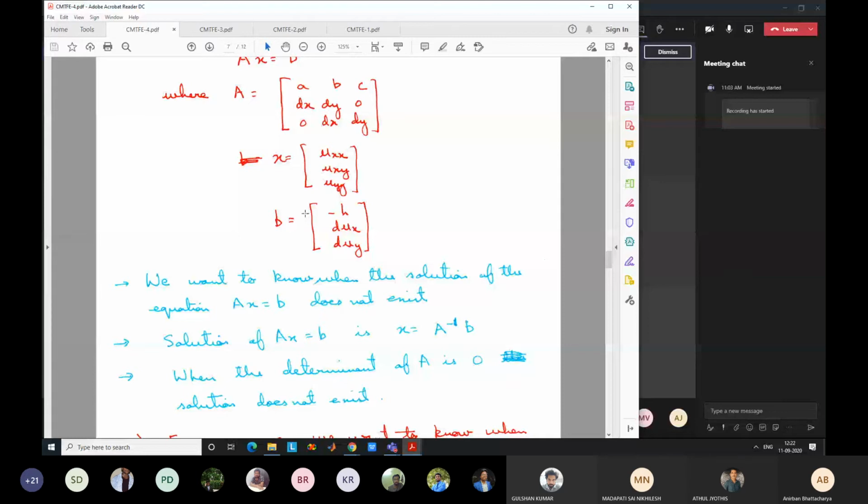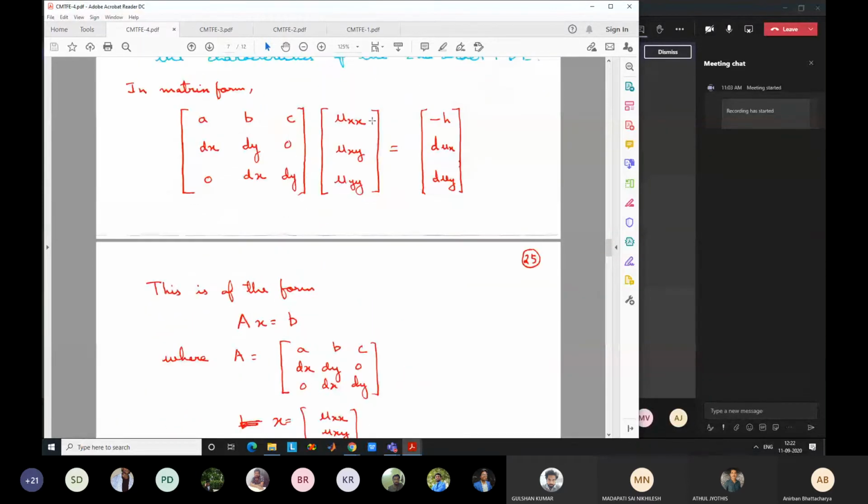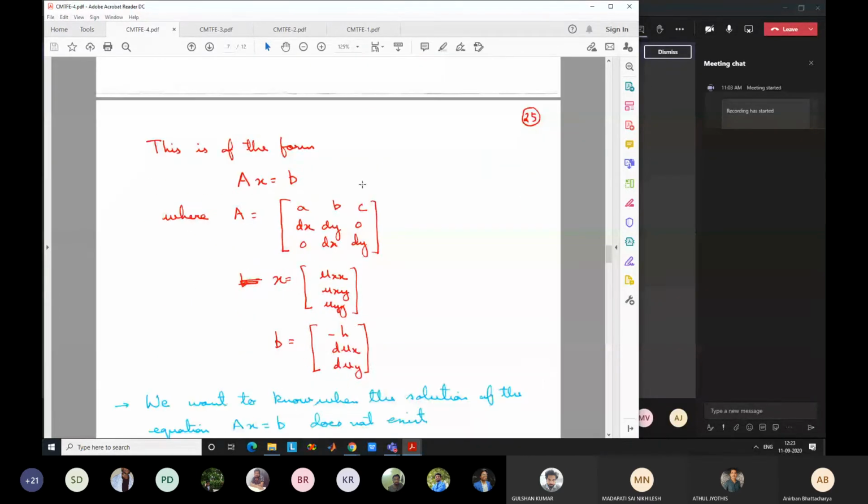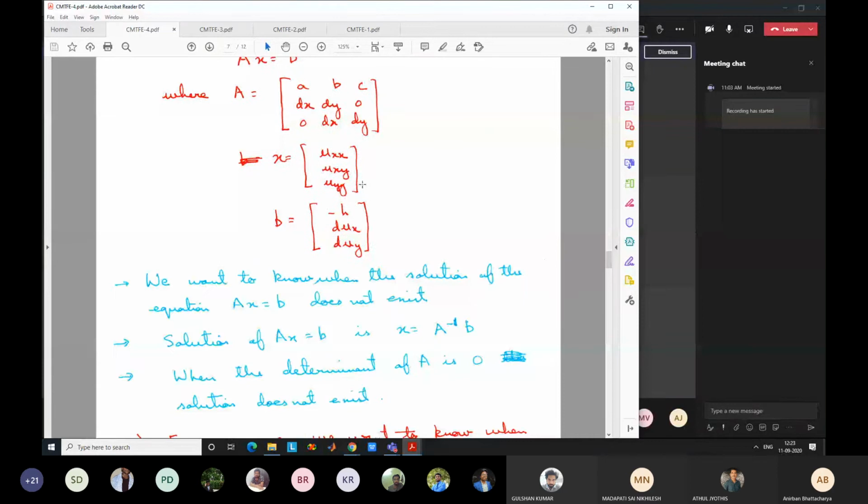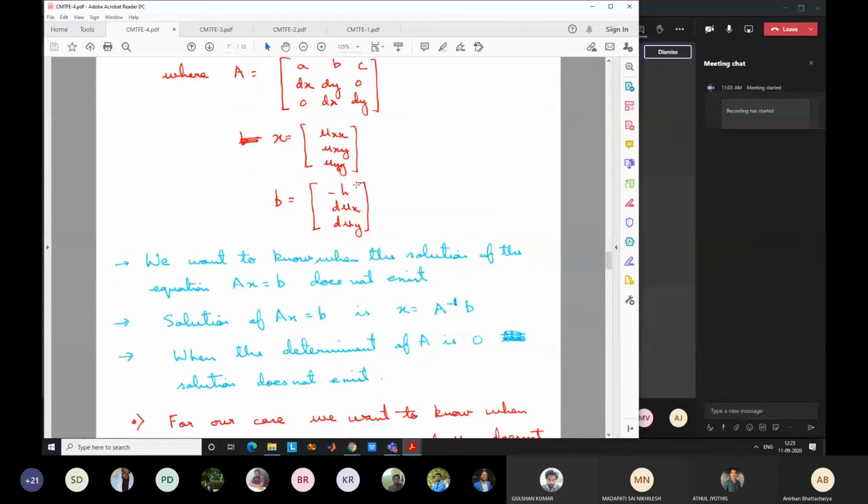Why? Because when the solution does not exist, it means that at that point there is no solution for uxx, uxy, uyy. It means that there is a discontinuity there, a sudden jump or something occurring, and there is no solution for that. Hence, we want to know when the solution does not exist.